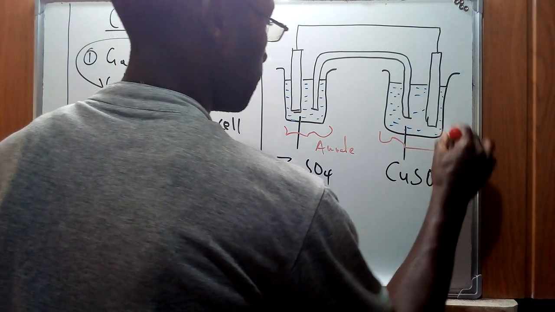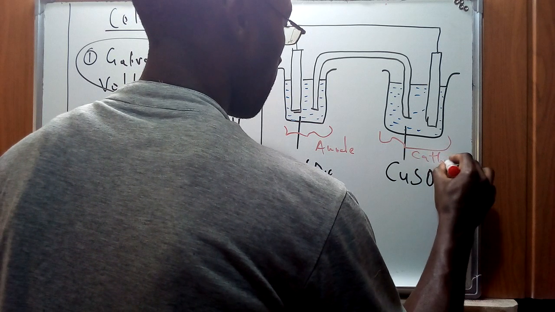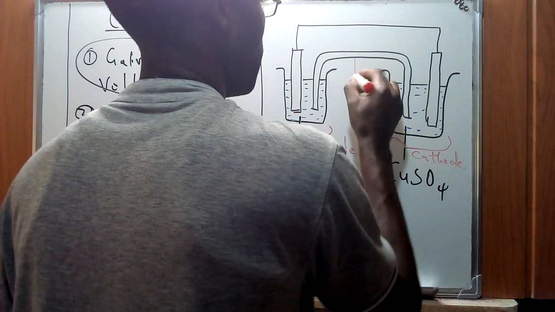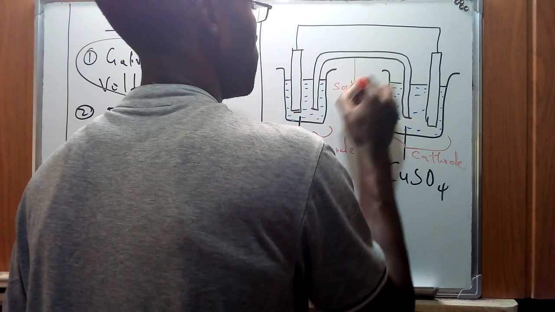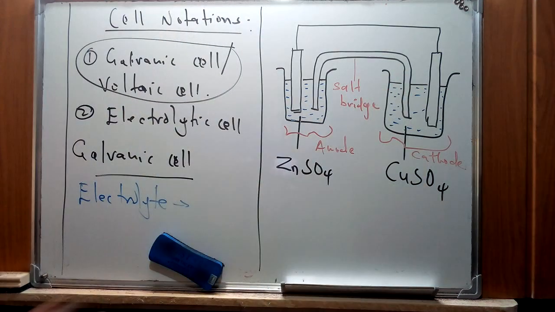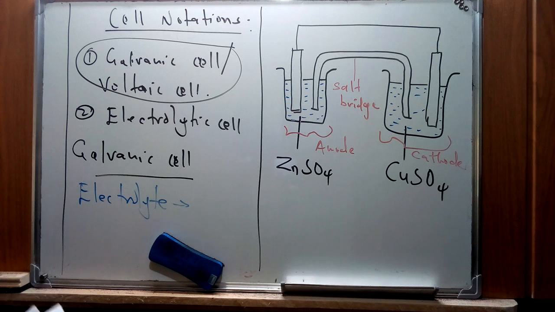And this one is going to be the cathode. Having looked at those, there's this section in the middle here. This is known as a salt bridge. And we're going to see the reason why it is referred to as a salt bridge.